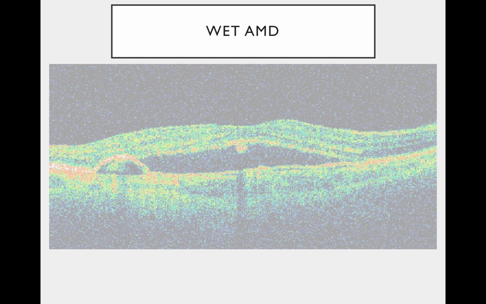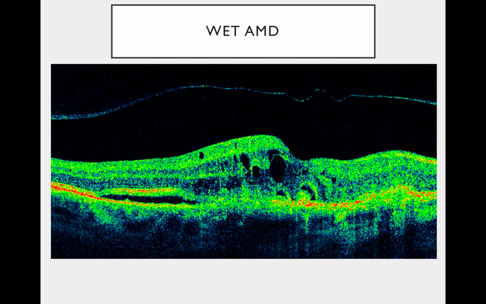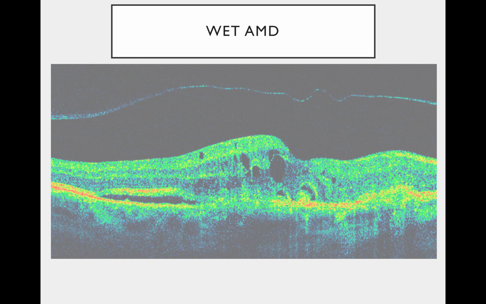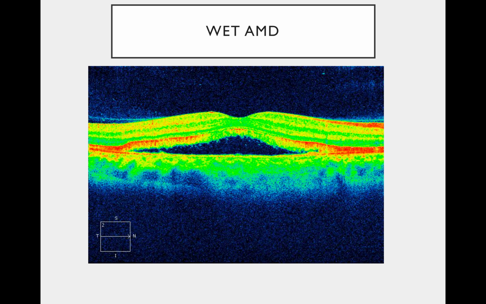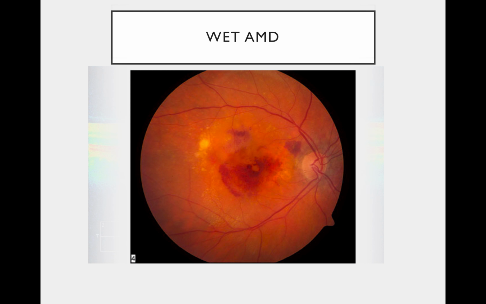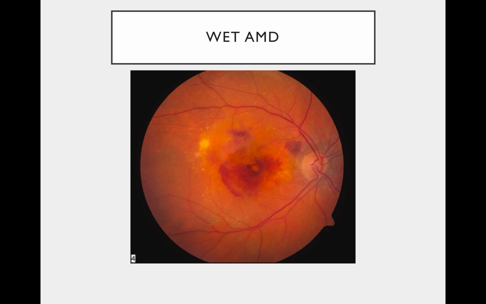Cystoid macular edema as well as subretinal fluid. Again, another picture of subretinal fluid. And in more advanced cases, a fundus photograph showing severe bleeding associated with a patient with wet macular degeneration.